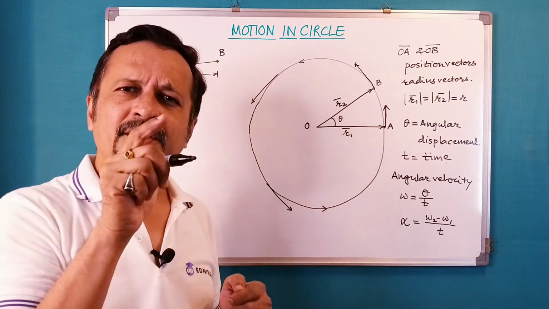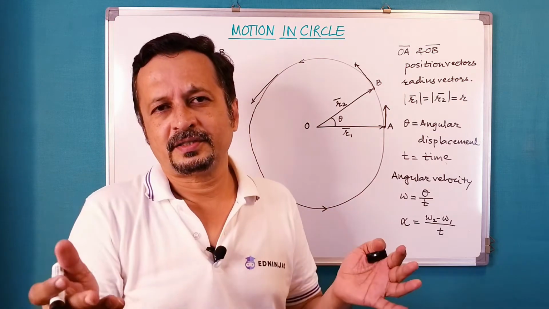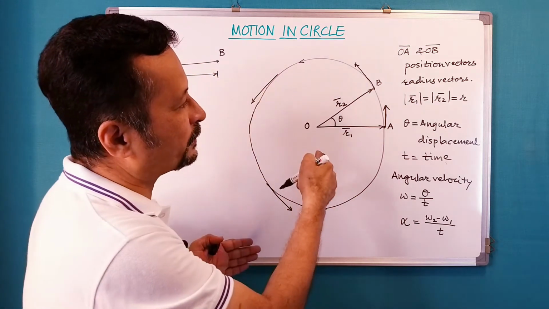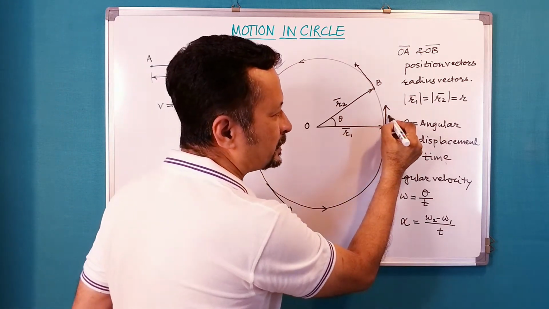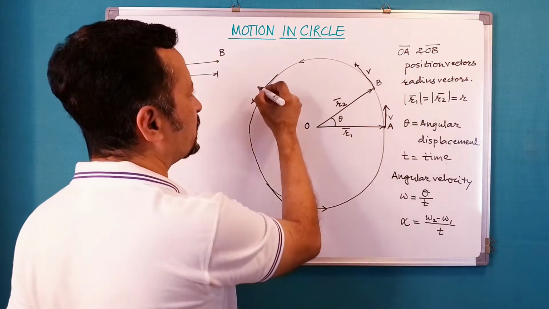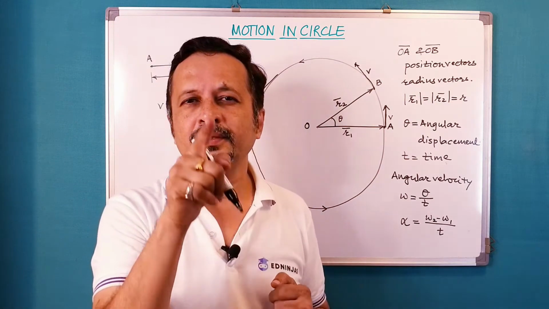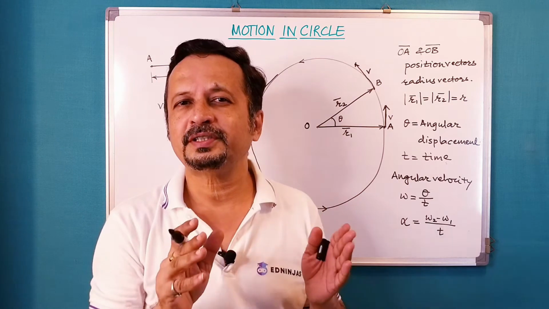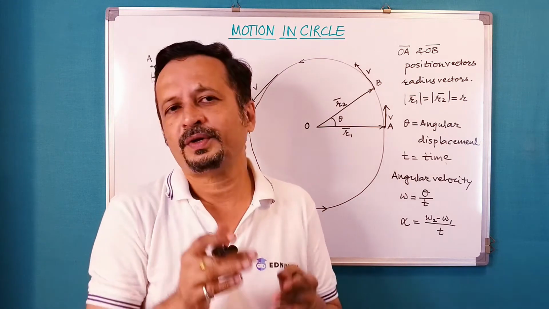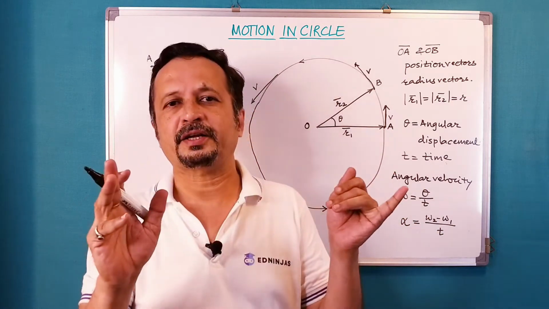But then even if it is uniform circular motion, it has got instantaneous velocity which happens to be tangential, and at every point the magnitude of velocity is v. Since it is uniform circular motion, over here it is v, over here it is v, and so on. But you must have noticed that the direction of velocity changes at each and every point, isn't it? So when do you say a vector is changing? A vector has got magnitude and direction, correct?